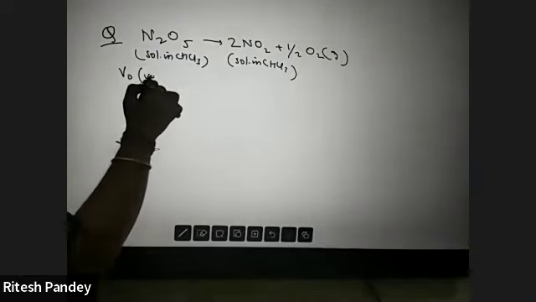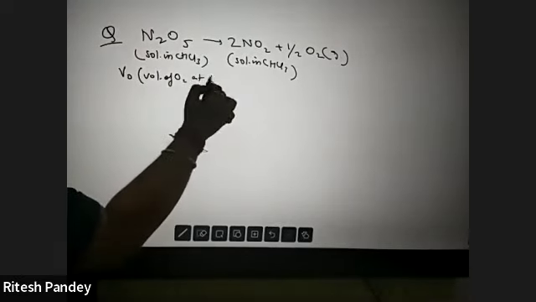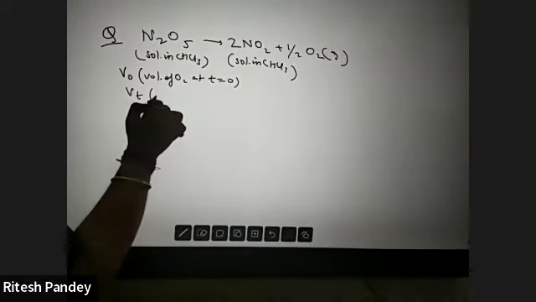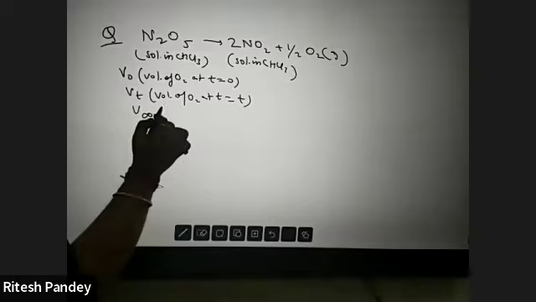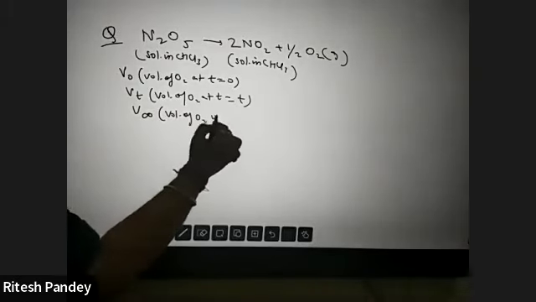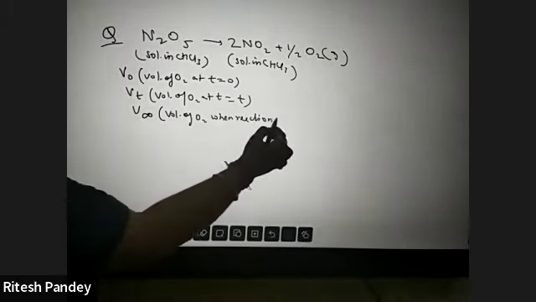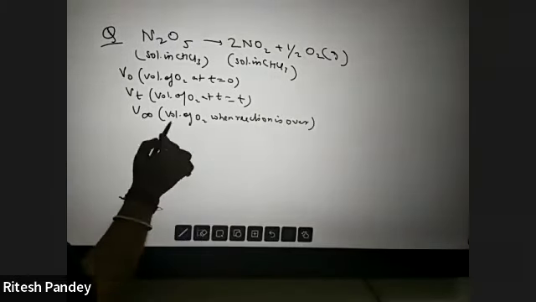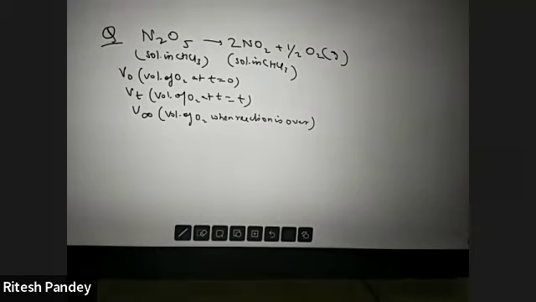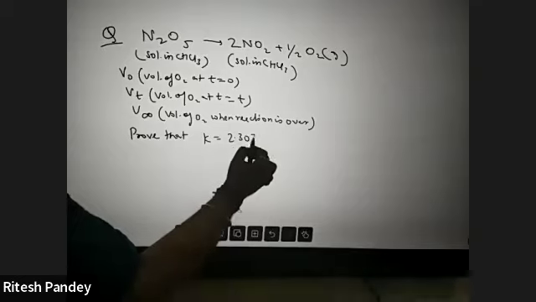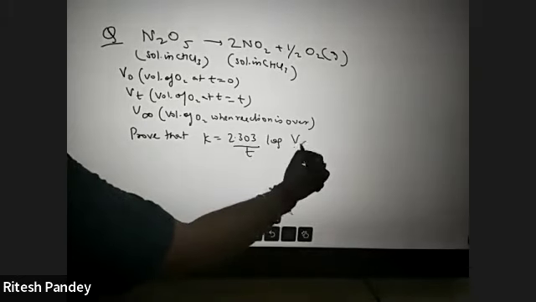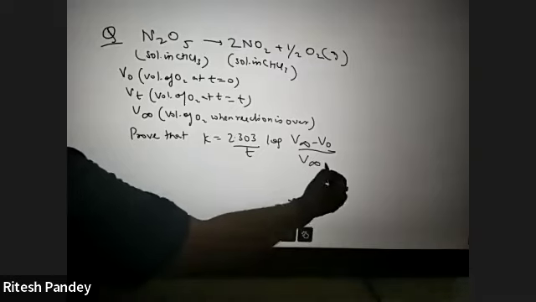If this V naught is volume of oxygen at time t is equal to 0, and Vt is volume of oxygen at time t is equal to T, and V infinity is volume of oxygen, naturally when reaction is over, when you say infinite time, it means when all of N2O5 is dissociated, you have to prove that K is equal to 2.303 by T log of V infinity minus V naught upon V infinity minus Vt.